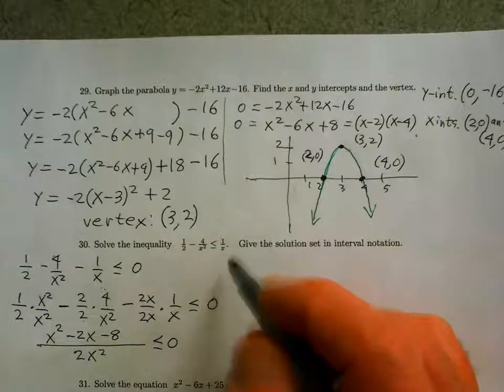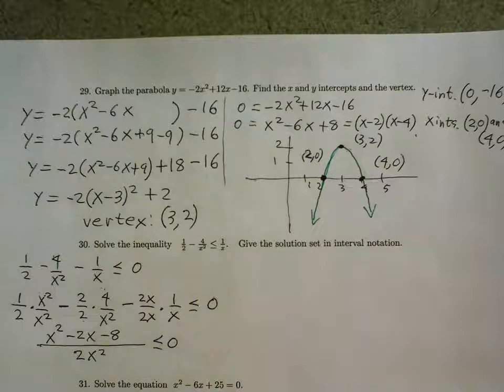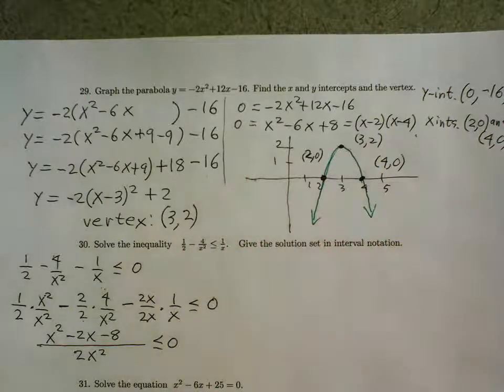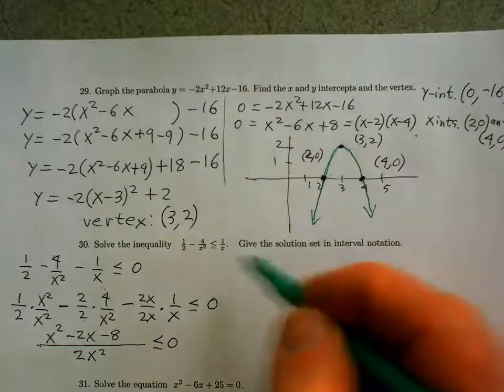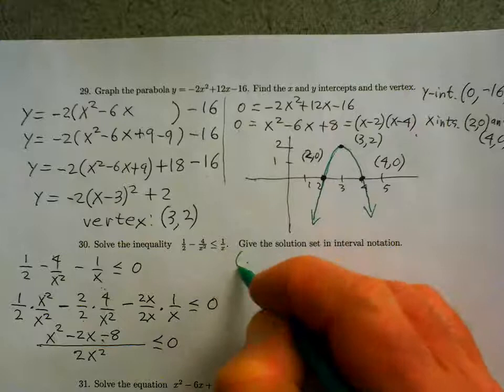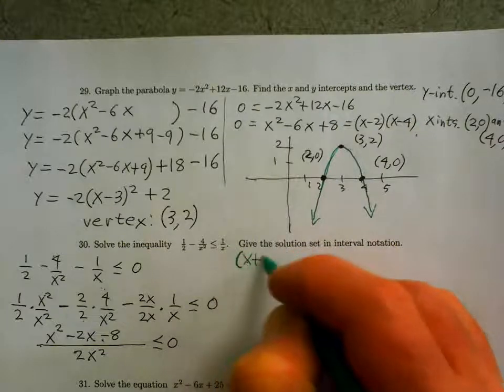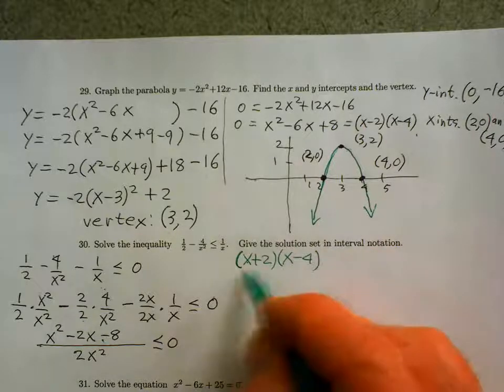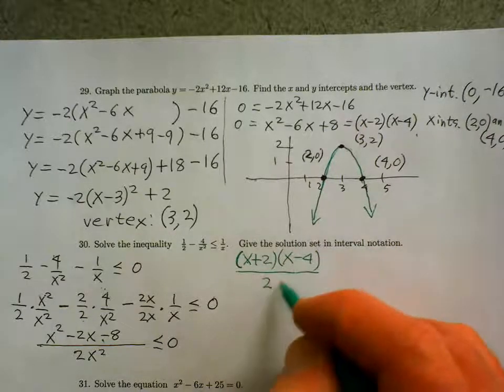Okay, now we want to find the endpoints. So I might have to use more paper in a minute, but the numerator factors really nicely, x squared minus 2x minus 8. The two factors are x plus 2 and x minus 4. And the denominator is just 2x squared.